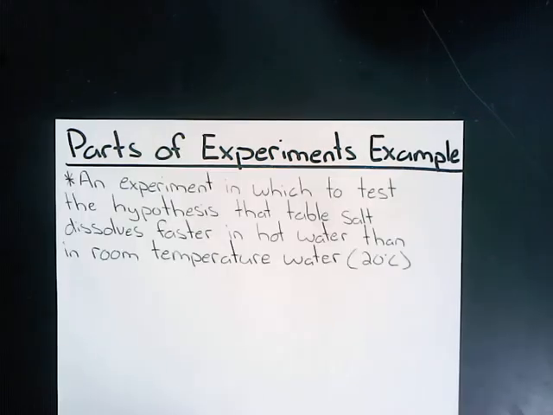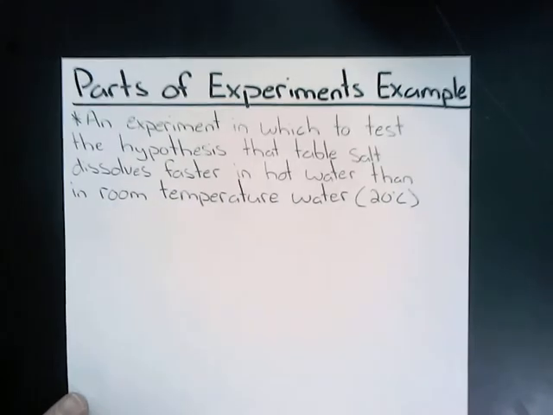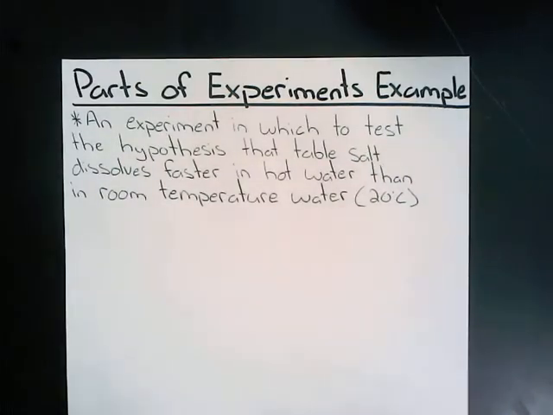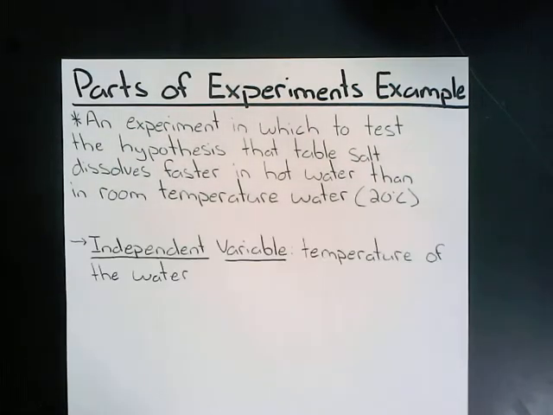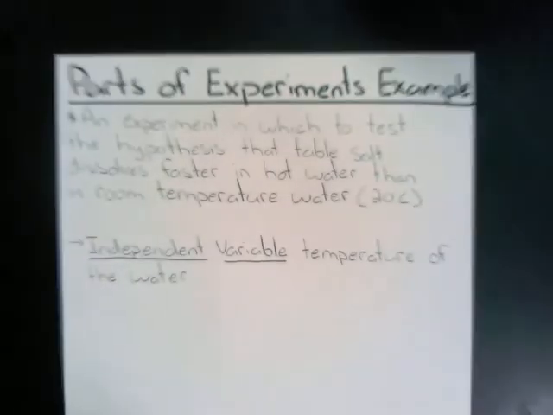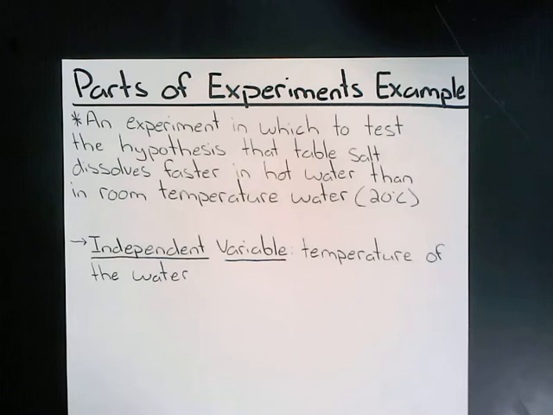In this type of experiment, the independent variable would be the temperature of the water. And it is the independent variable because we are adjusting or making our own modifications to what the temperature of that water is. Now, the dependent variable is the rate at which the salt dissolves.